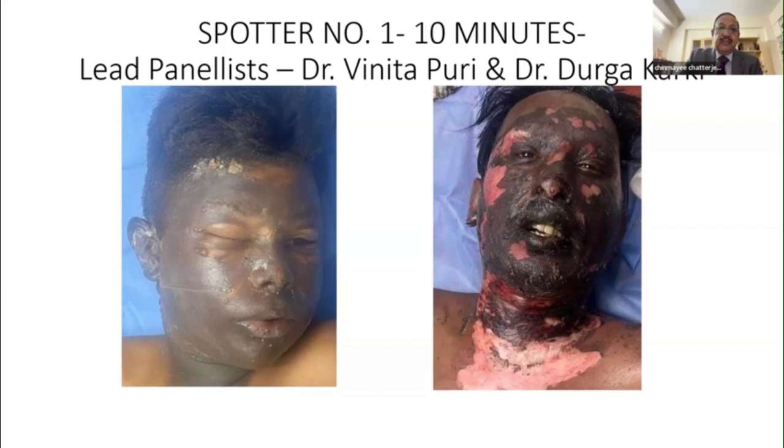So these two pictures are not exactly at the same time of burn. The right one may be 2 weeks after the burn, and the other one is within say 48 hours. So these two are not comparable as far as the depth of burn is concerned. The right one is definitely going to be deep on the lip as well as in the center of the neck. Eyes are spared perhaps in both cases.